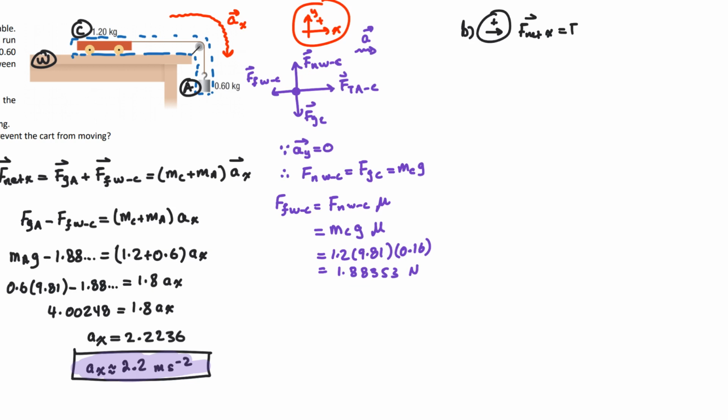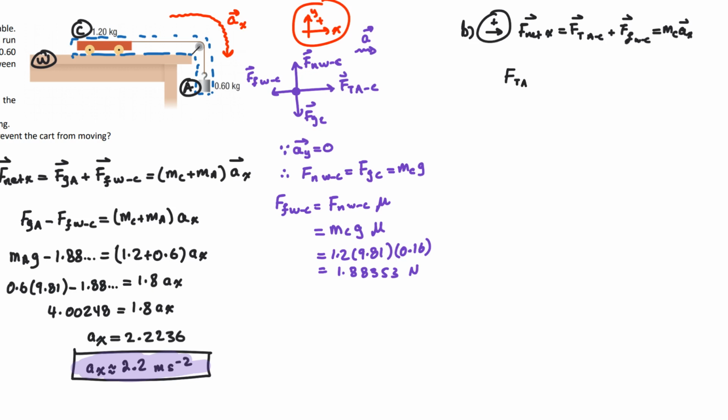In this case, it's force of tension plus the force of friction, and that's going to equal the mass of the cart multiplied by its acceleration. I'm going to turn everything into magnitudes. So this force is acting to the right. That's positive.